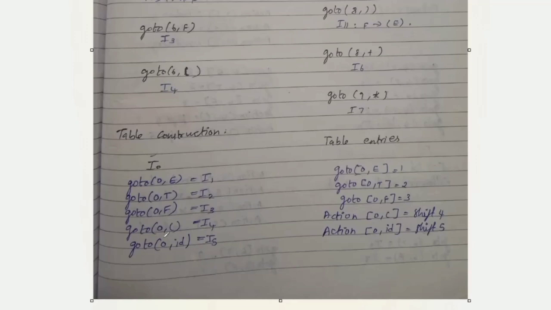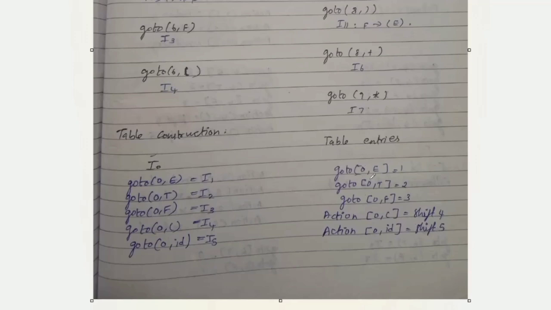If it is a terminal symbol, go to 0, comma open bracket, item number 4. Go to 0, comma ID, item number 5. These two are terminal symbols. So we are going to write the table entries in the action part. Write item number 4 as action of 0, comma open bracket going to be shift 4. Go to 0, comma ID equal to I5, so action 0, comma ID equal to shift 5.